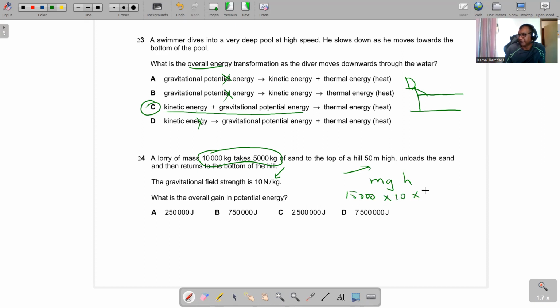Moi, multiply by 50. 15,000 multiply by 10. Multiply by 50. 7,500,000 joules. Total energy, overall gain in potential energy. Quand il peut retourner, pas mon problème, ça.